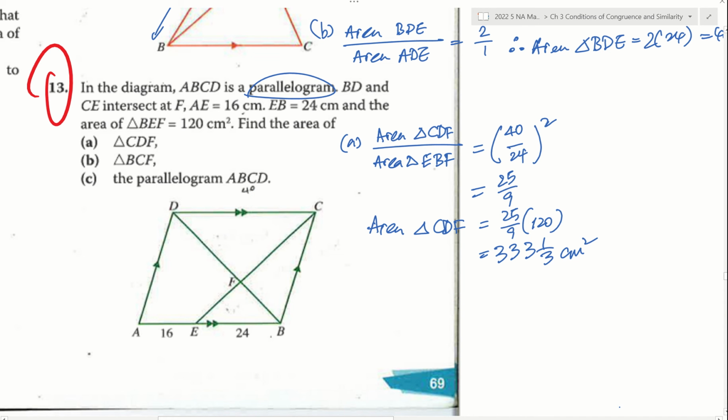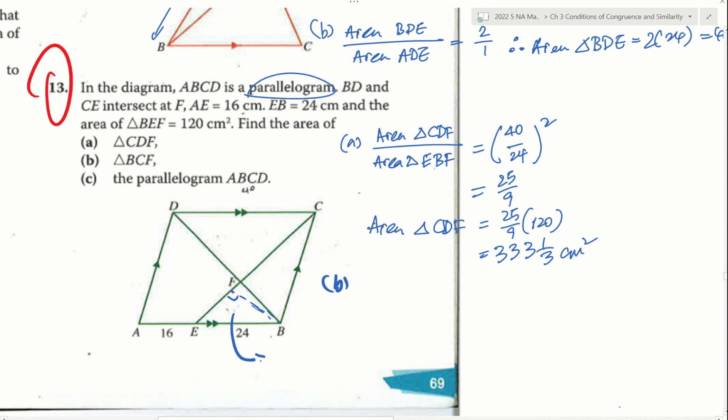Area of triangle BEF, what about it? Same height as triangle BCF, so you're referring to this perpendicular height, isn't it? Okay, then? Since I have the area of BEF, I can use that to find it.